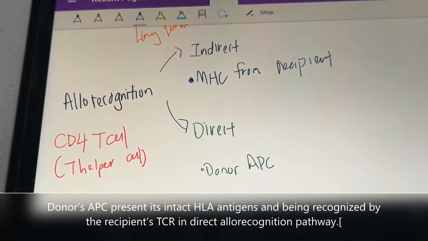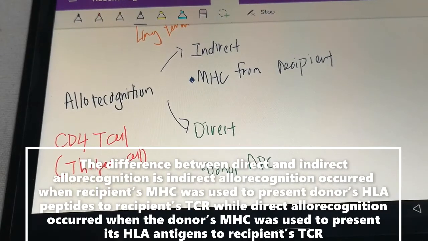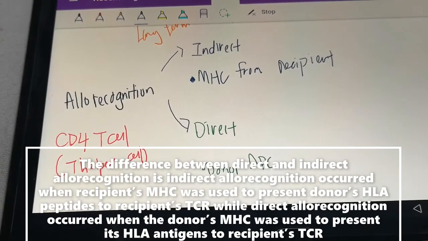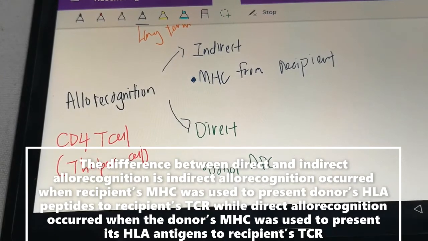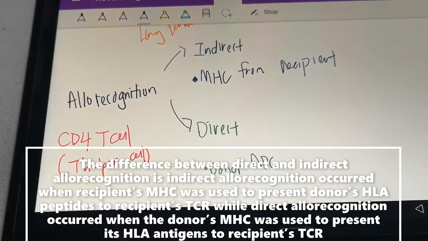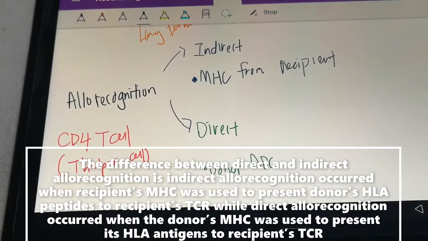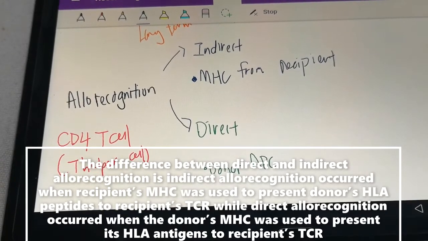The difference is that in indirect allorecognition, the recipient's MHC is used to present the donor's HLA peptides to the recipient TCR itself, while direct allorecognition occurs when the donor's MHC is used to present its HLA antigen to the recipient's TCR.